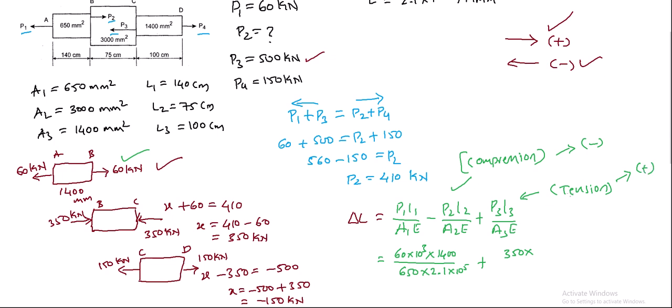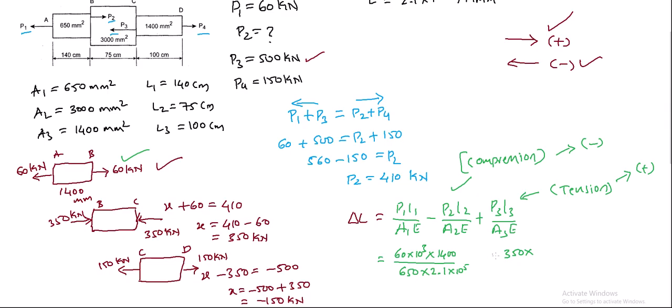Since tension makes the element elongate, which adds to the existing length, and compression makes the element compress or squeeze. In that case the length of the element gets decreased, so that is why it is minus. So here also it is minus, right?